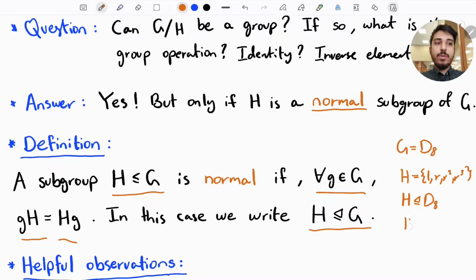However, when H was equal to the subgroup generated by S, then we found out that the left and right cosets are not equal when we take the element R. So they're not equal for all g in G. So we have that H is not a normal subgroup of D8. And that is where the importance of having left cosets equaling right cosets comes in.